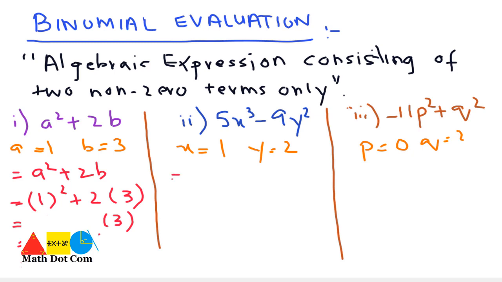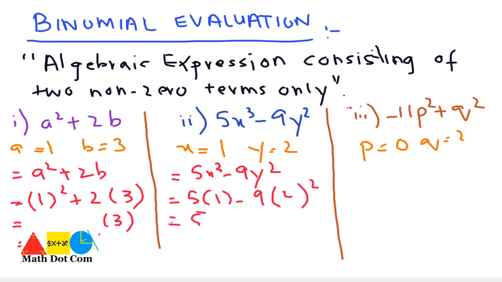Then we solve 5x cube minus 9y square. 5 into 1 minus 9 into 2 square. We will evaluate the square first. Minus 9 into 4. Then 5 minus 36. We will do the subtraction here and the sign will be minus. So minus 31.